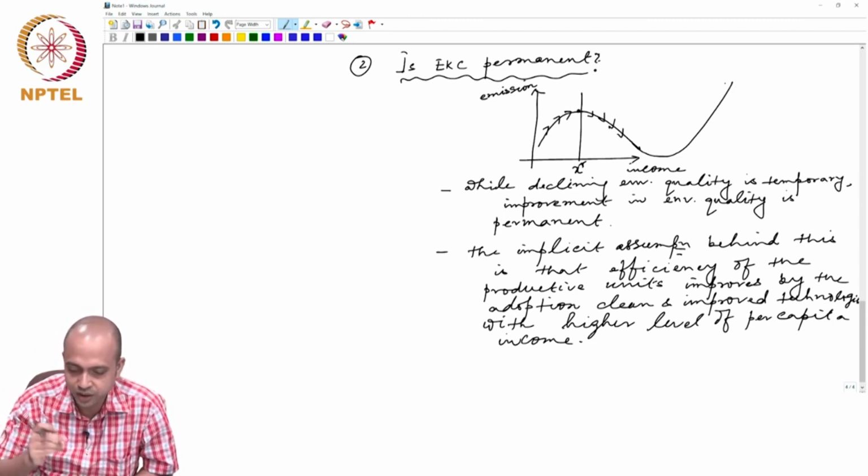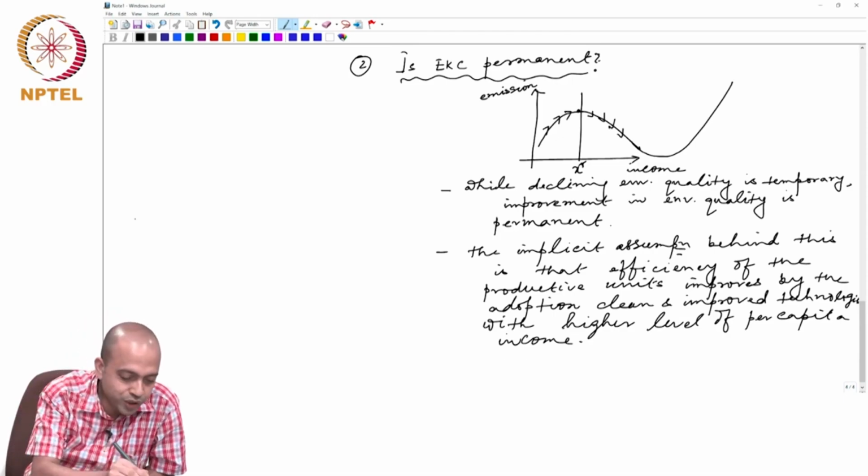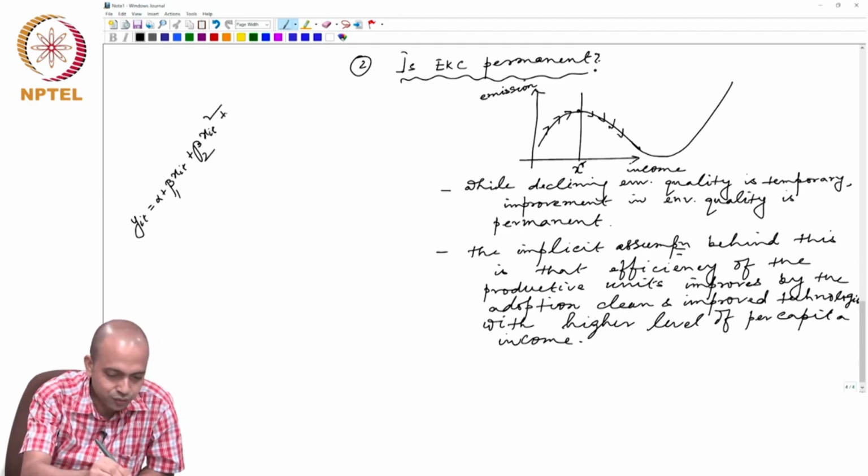upward swing in the relationship between emission and income, if we assume, then the functional form that we have assumed earlier, Y_it equals alpha plus beta 1 X_it plus beta 2 X_it square, then we have to add one cubic term also, beta 3 X_it cube plus U_it.